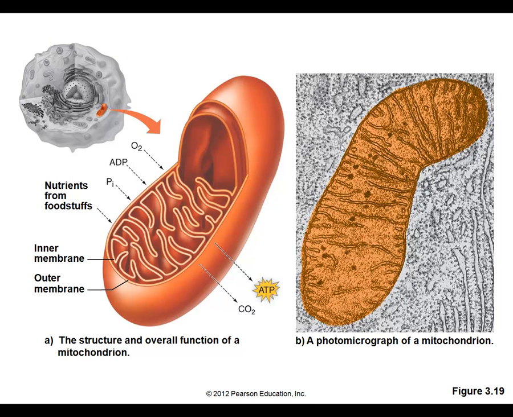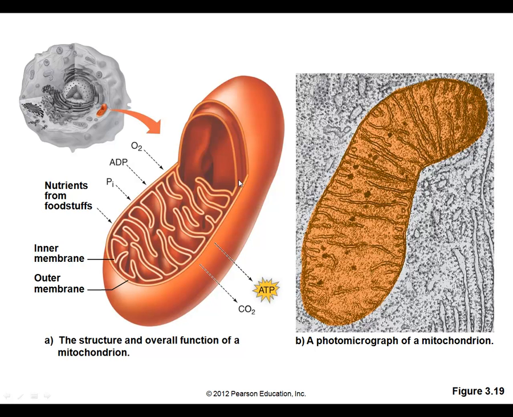So here's the structure of the mitochondria. You will see shelves in the inside, and those shelves are in the inside membrane. See how they are made. That's really to increase the surface area and also to increase the potential space between the two membranes. And we call that the intermembranous space, the space between the membranes.